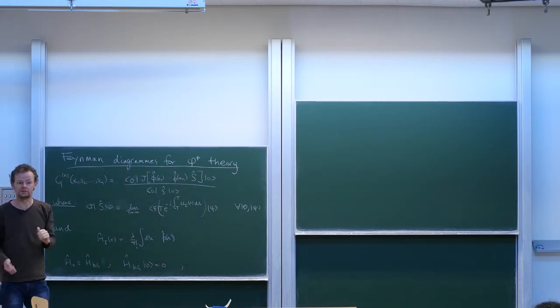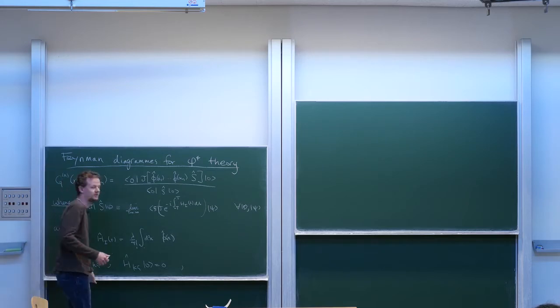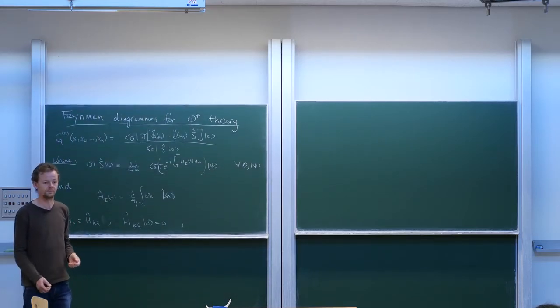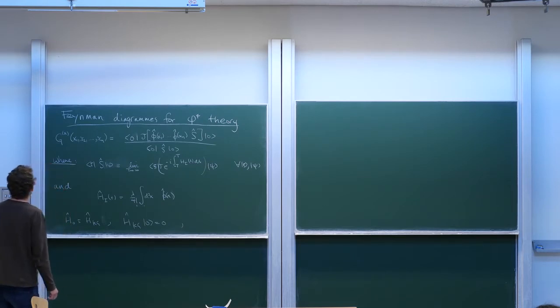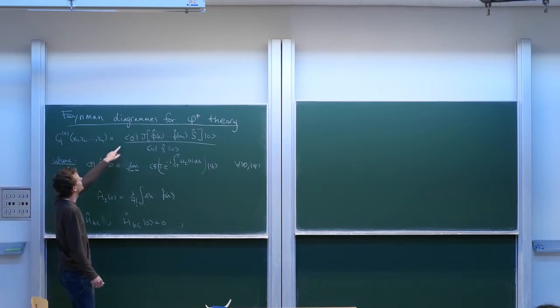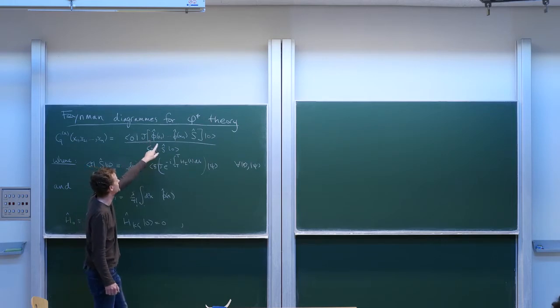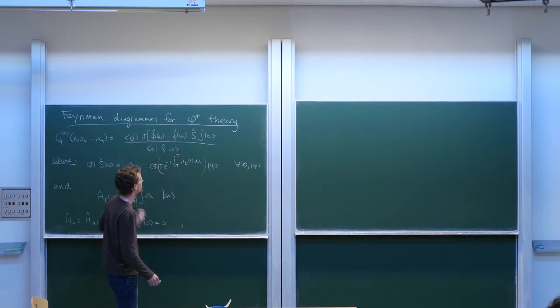I'm not going to define small for you. It's just a parameter lambda which we take to be small. Thus, we come to consider these objects here, and we try and calculate expansions for these endpoint functions in the smallness of this interaction parameter lambda.